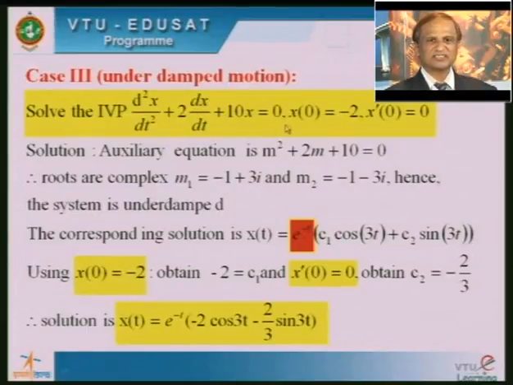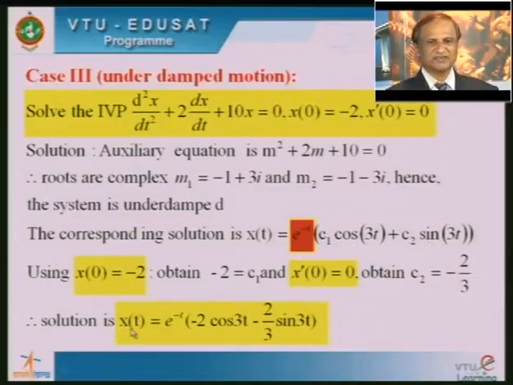So, using the initial condition they have given, x of 0 is equal to minus 2, we obtain minus 2 is equal to C1. So by substituting we obtain the value of C1. Similarly, using the other condition, namely x prime of 0 is equal to 0, we can obtain one more constant, namely C2 is equal to minus 2 by 3. So we can substitute C1 and C2 in this equation.